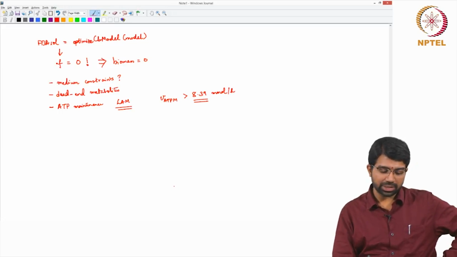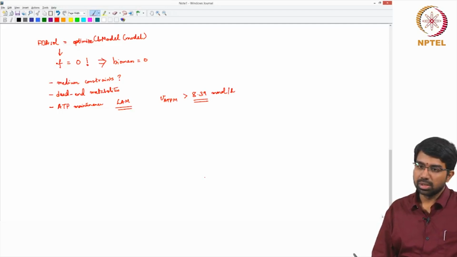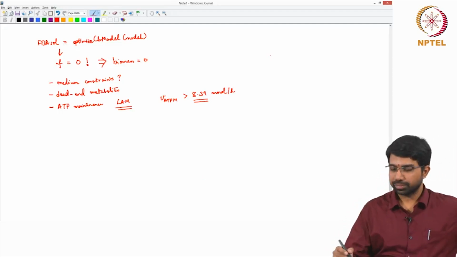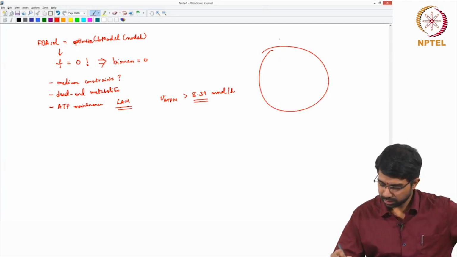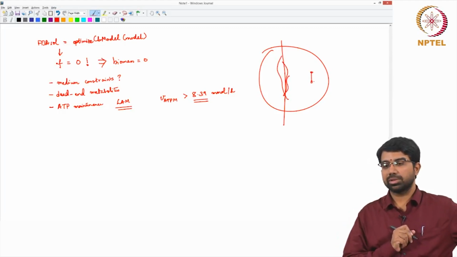Well, not exactly. That is only if it is an always blocked reaction. You could have several pathways like this, and this could be a blocked reaction, not causing any damage.